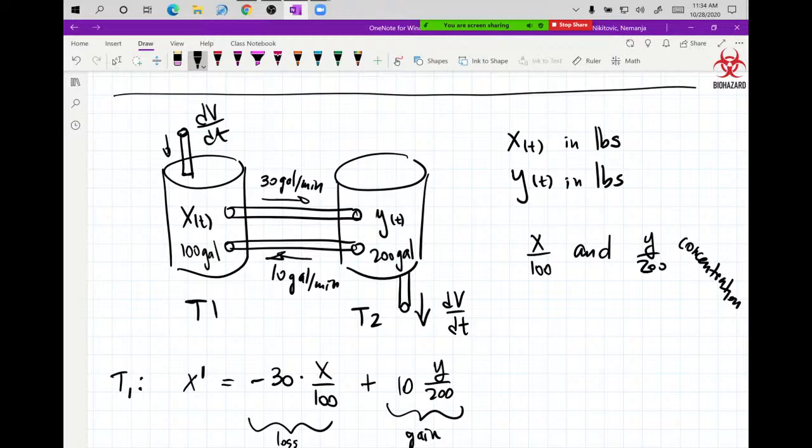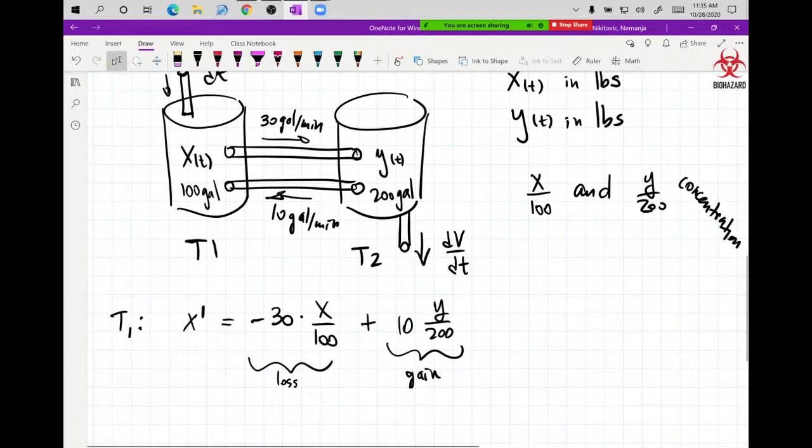So the change in salt, the amount of salt that you have in the left tank, tank 1, is going to be losing 30, because we are giving away 30 gallons at the concentration of x over 100, and we are gaining 10 gallons per minute of concentration y over 200.